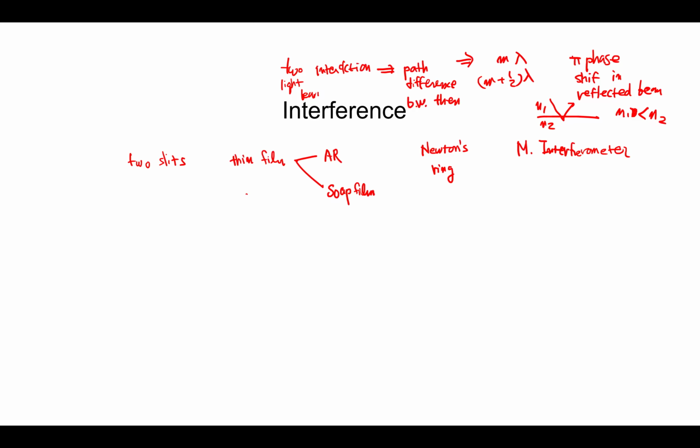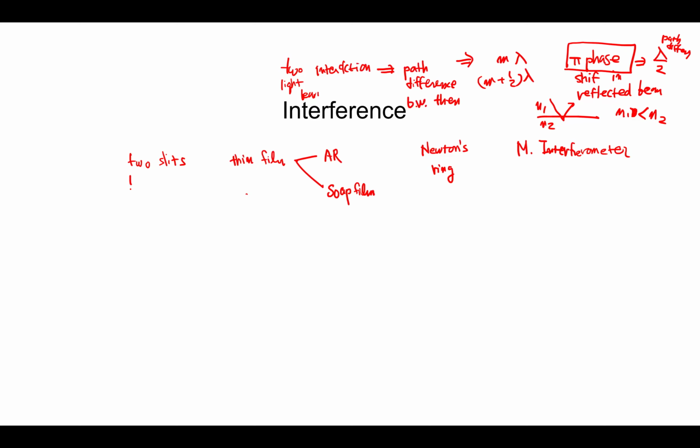And then there is a phi phase shift. And phi phase shift is in fact corresponding to half lambda path difference. So you have to consider whether there is a phi phase shift in this case.